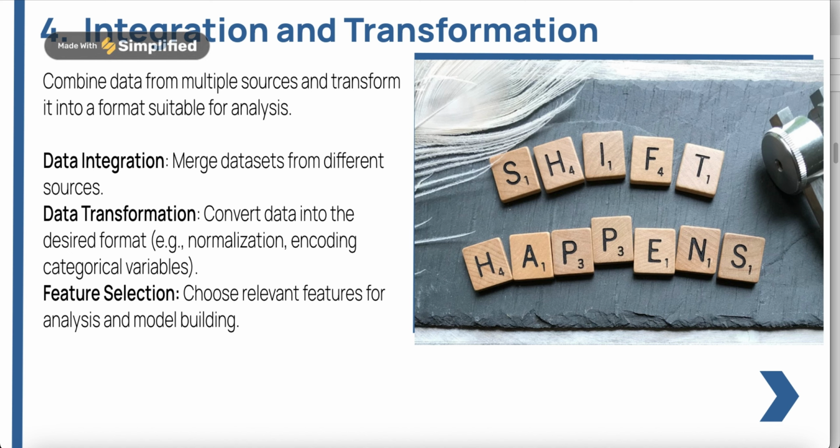If we need more enriched information, then we can integrate and get more data, like metadata or more data around the data that we have. We also need to transform a few data, converting data into the desired format. Categorical variables: most machine learning models work with numerical data. So what do we do with categorical data? And then there is feature selection.